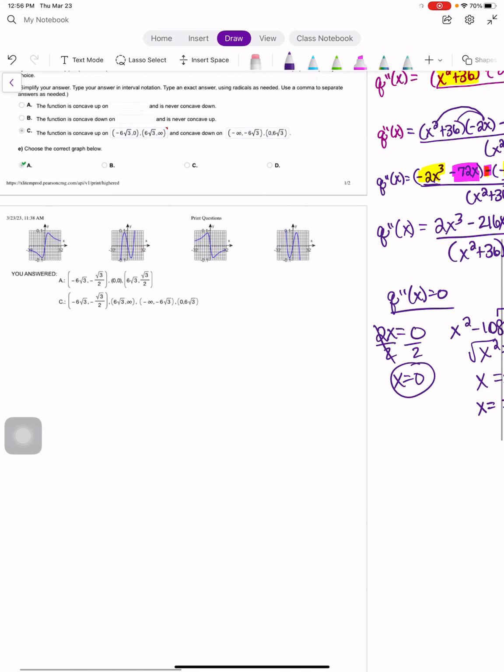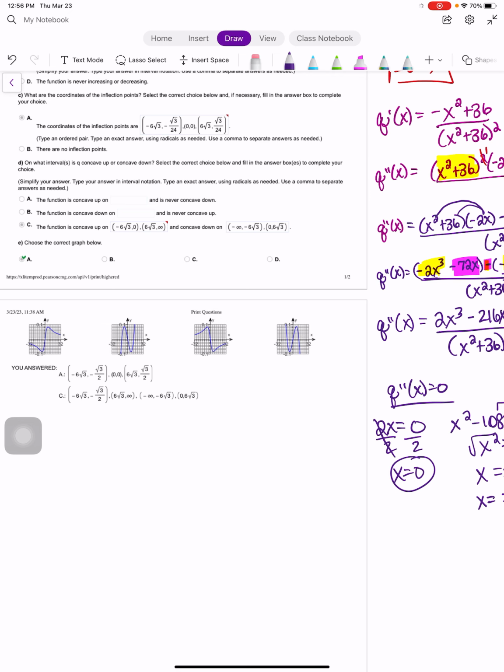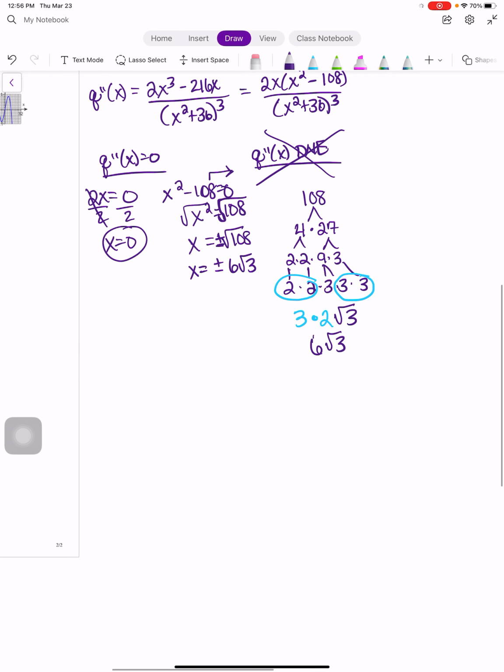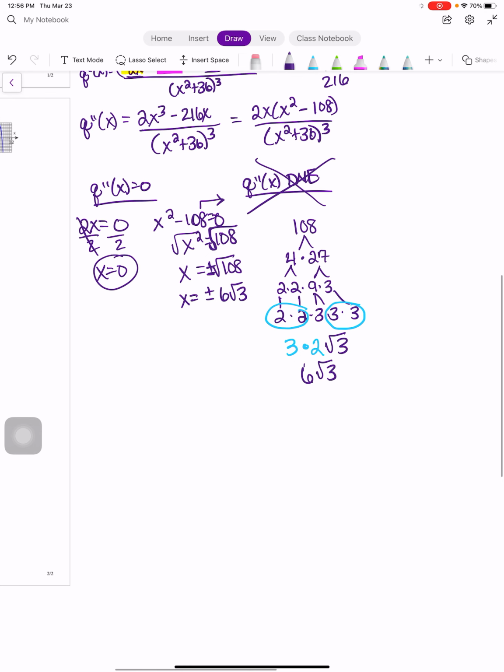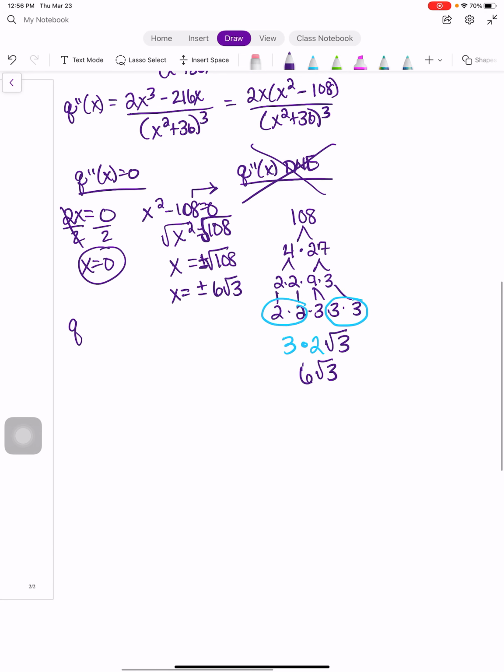But I think they're asking for the actual points. So what we need to do is find Q of 0. We need to find Q of 6 square roots of 3. And we also need to find Q of negative 6 square roots of 3.